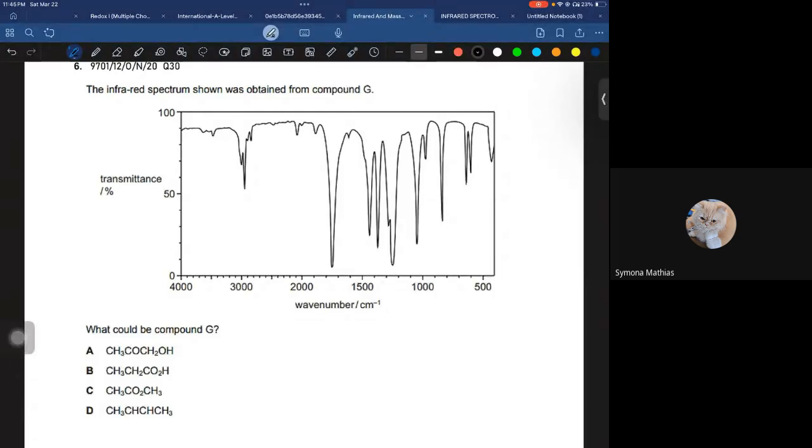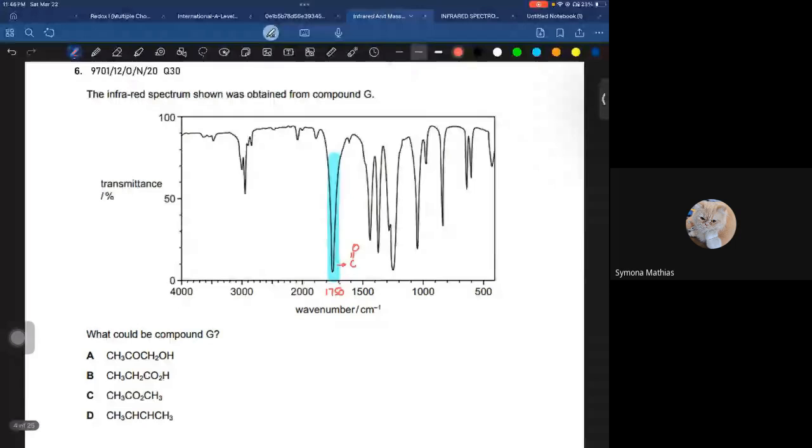The infrared spectrum shown was obtained from compound G. What could be compound G? Let me show you the peaks first. This peak is at approximately 1600 to 1750, so it's due to carbonyl. Carbonyl of what? Let me check this other peak as well.